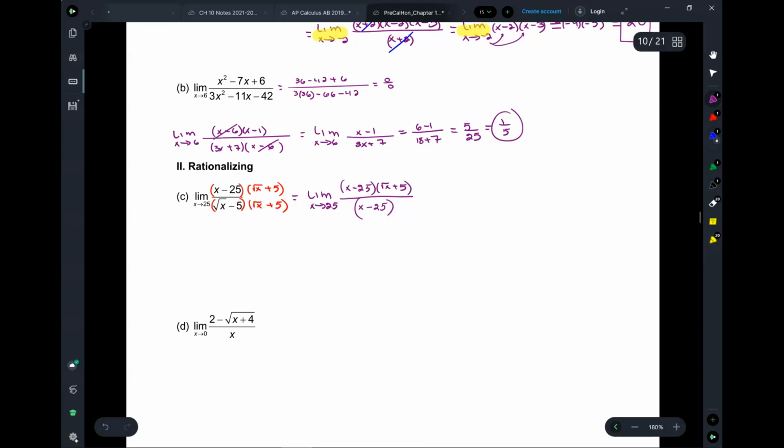And what does that do? Cancels. So now I have the limit as x approaches 25 of root x plus 5, that's just 10. Let me write it out. So it's root 25 plus 5, 10.